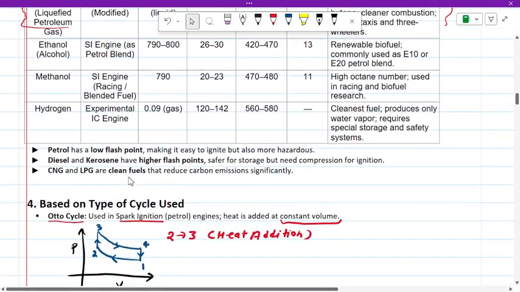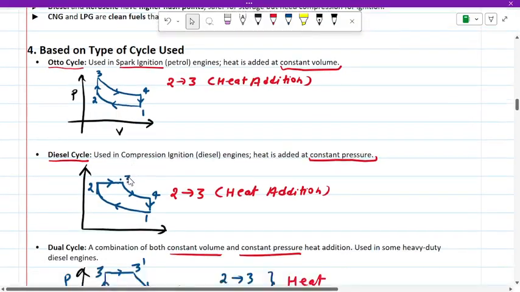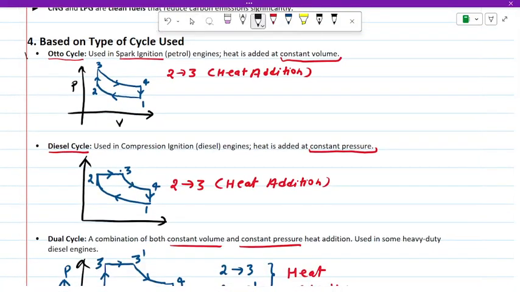Okay, so I'm leaving this particular topic. We are going to understand the fourth basis, that is, the cycle. We have already understood the Otto cycle and diesel cycle. The difference between the Otto cycle and diesel cycle is very important at the heat addition. This is the heat supply at a constant pressure.